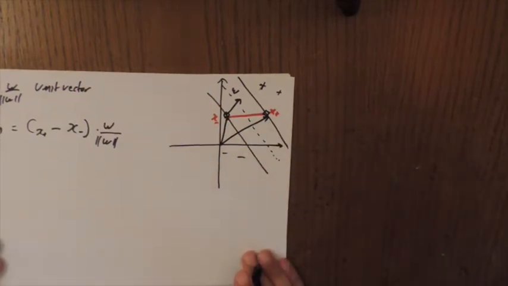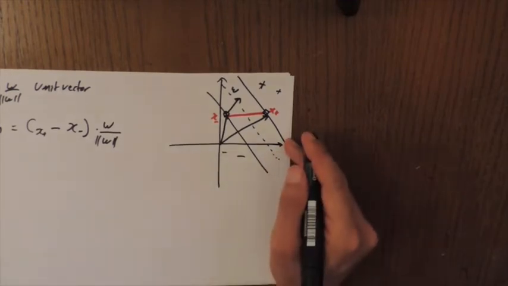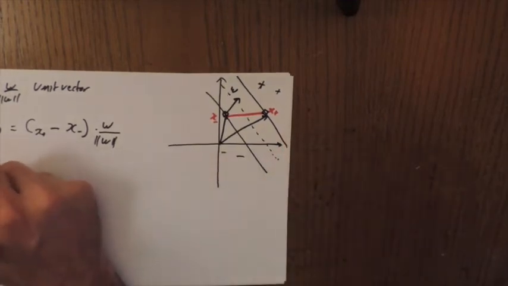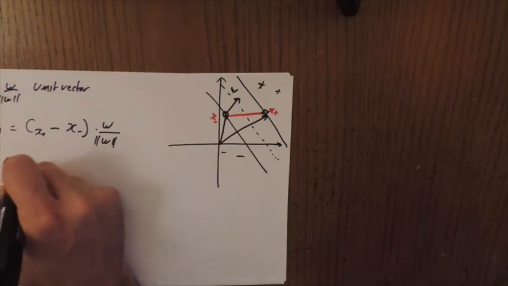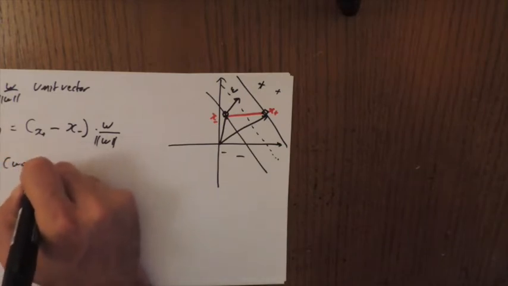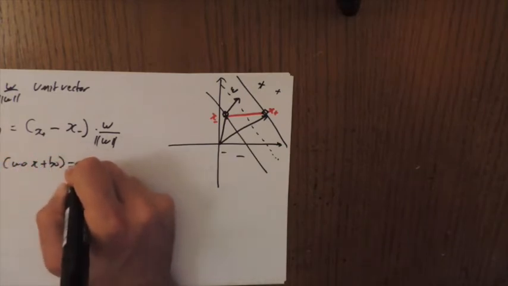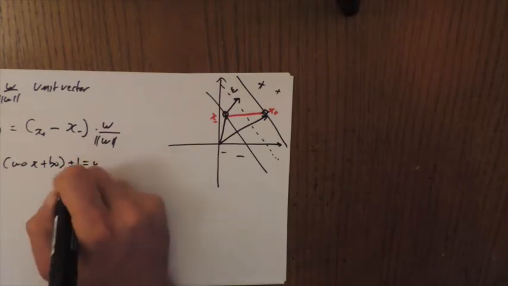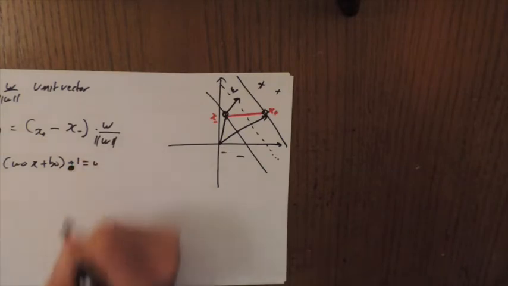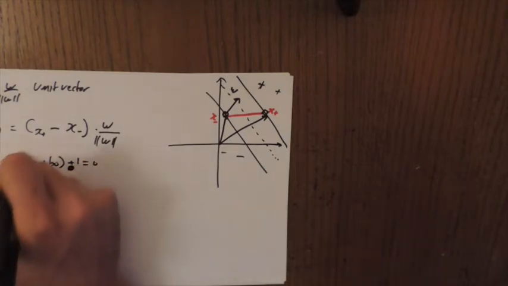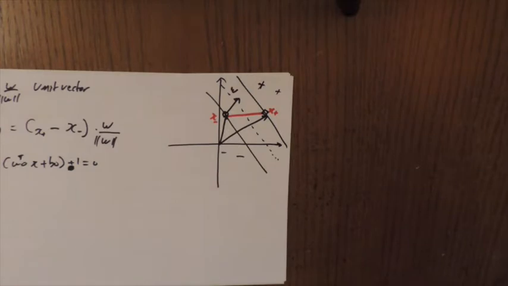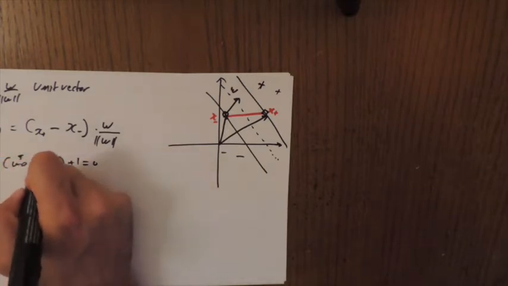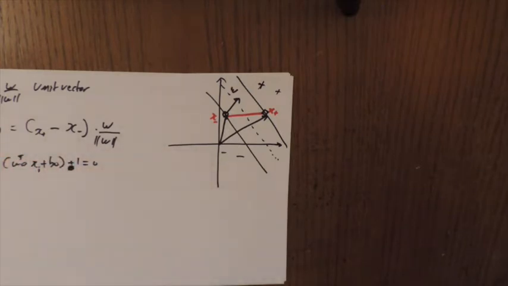Since these points lie on those lines and they are support vectors, the following condition holds: di times the optimal weight times xi, plus b0, plus 1 is equal to 0.